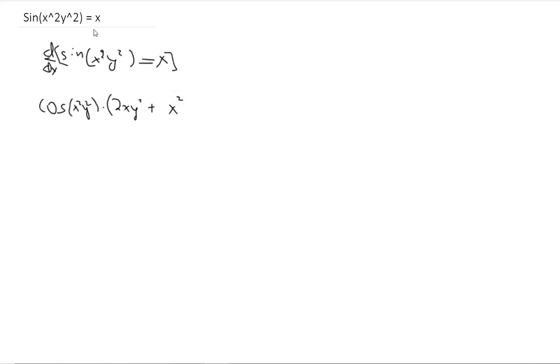Derivative of y squared is 2y, and then since we just took the derivative of y, we have to throw in a dy/dx. Okay. So this sum here, this underlined part, is multiplied with cosine x squared y squared. And then now that's set equal to x.